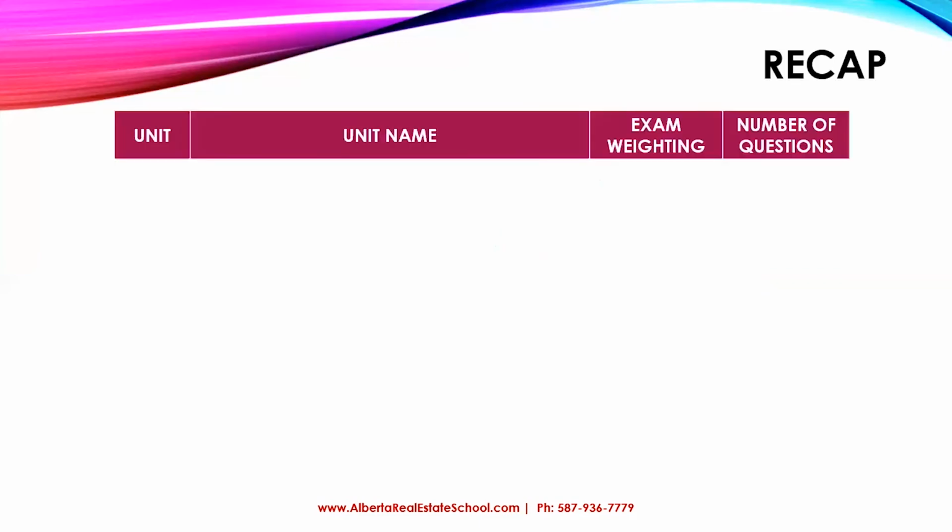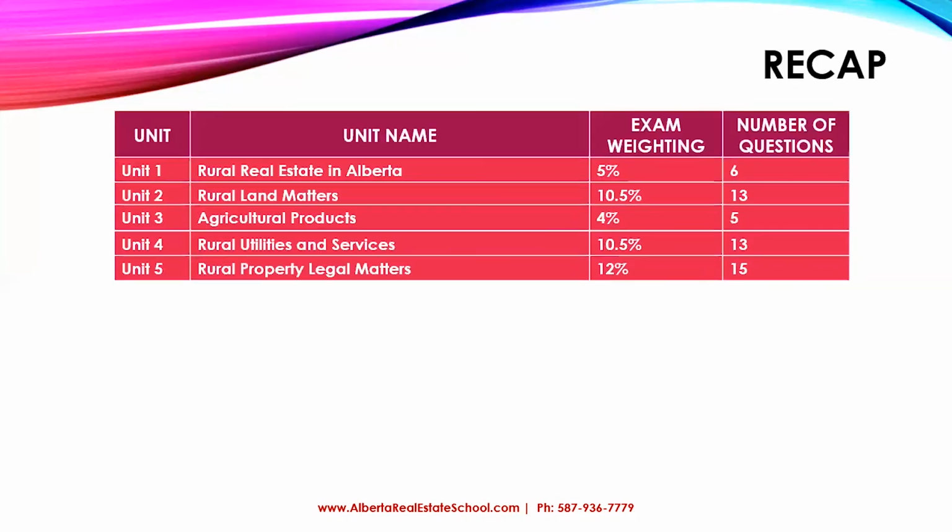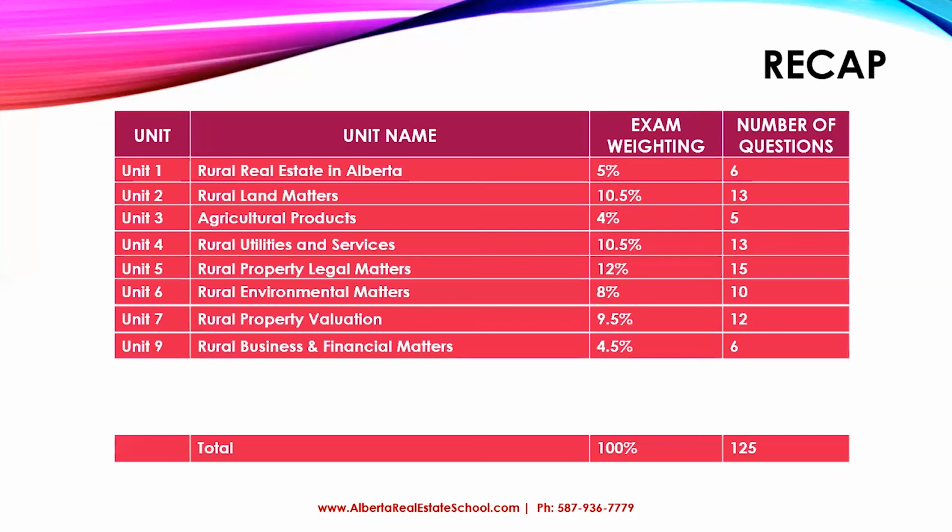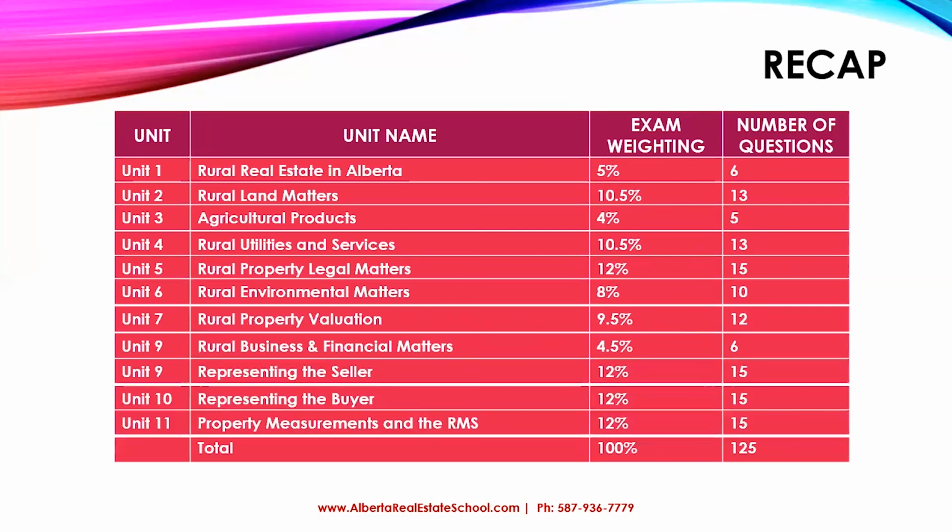So let's recap in terms of our units. There are 4 units that are most important here. So we have Unit 5, Rural Property Legal Matters, which is worth 12%. Unit 9, representing the seller. Unit 10, representing the buyer. And Unit 11, which is Property Measurement, that is also worth 12%.